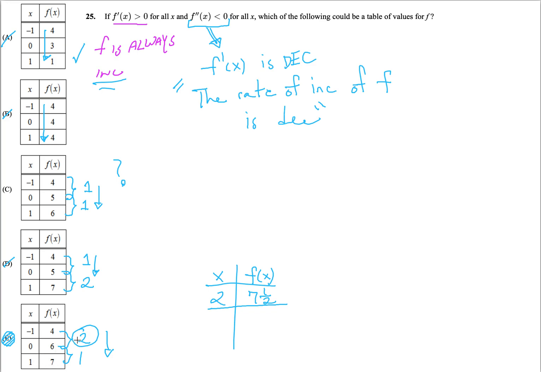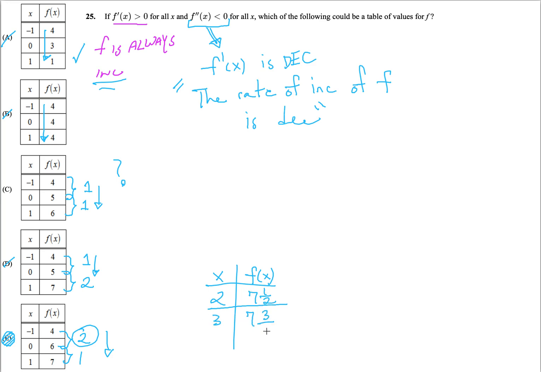Between negative 1 and 0, that's a length of 1 along x, and it went up 2 along y. Then I go 1 along x again, and it only went up by 1. And then if I go 1 along x again, it only goes up by half. And I could keep going with this.